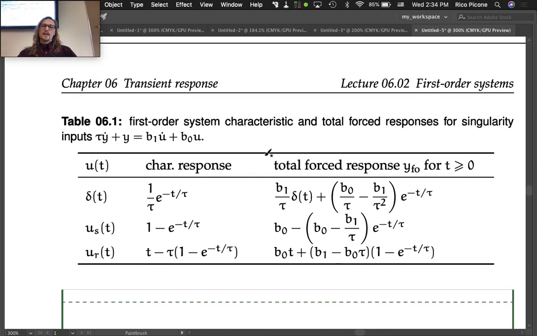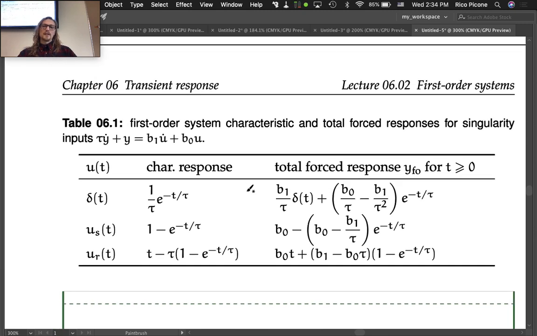What I've got here are characteristic responses. I also have total forced responses. This is not cheating. It's just the solution to a very general problem. I don't mind if you use this right-hand column of the table, but I would encourage you to learn how to use the second column first, and that's what we'll do in the example today.